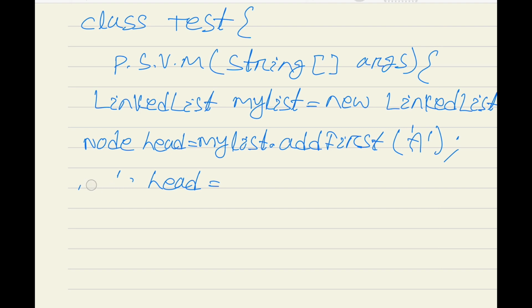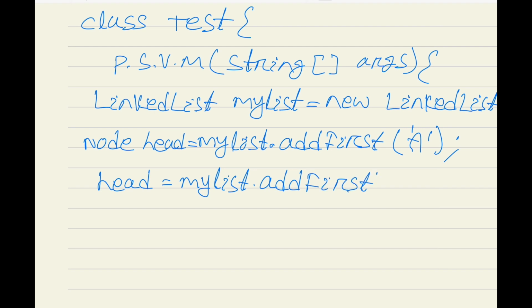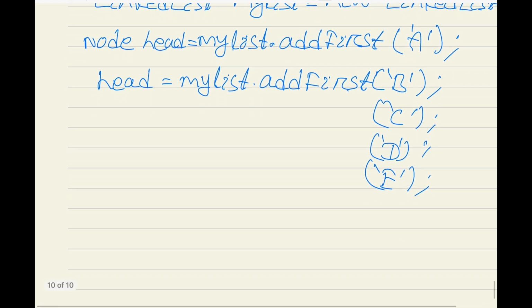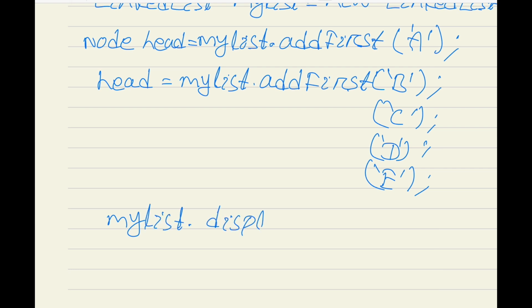So don't write Node head again, only write head, because we are going to update the same head. So head equal to mylist.addFirst('b'). Similarly we can write addFirst c, addFirst d, addFirst e like this we can write. Now we display. So before the reverse we can write mylist.display and pass the head value.